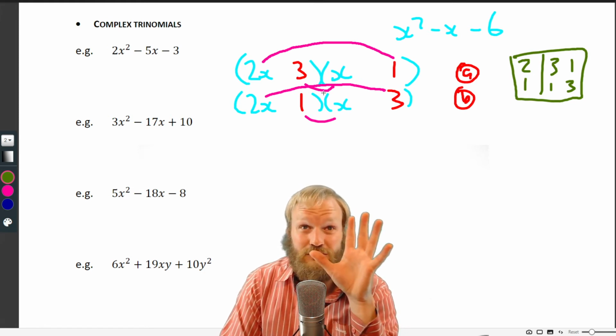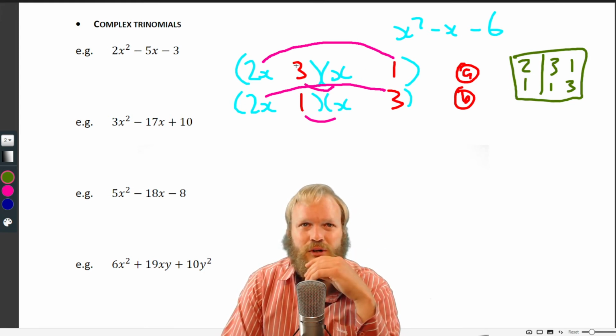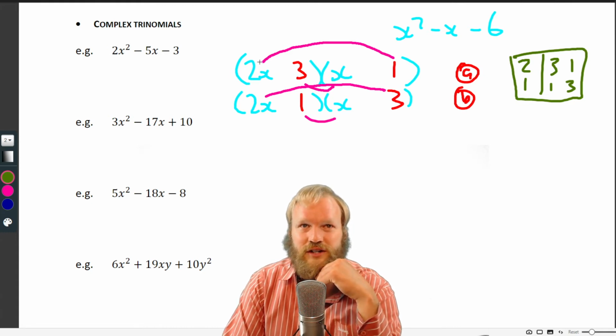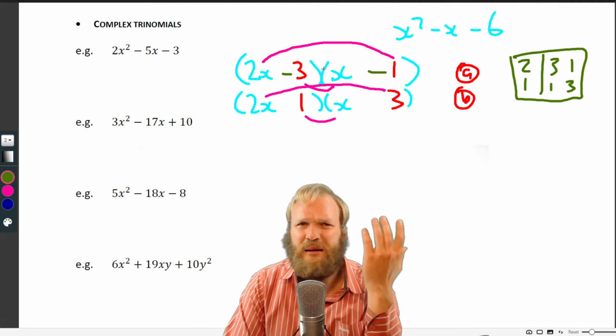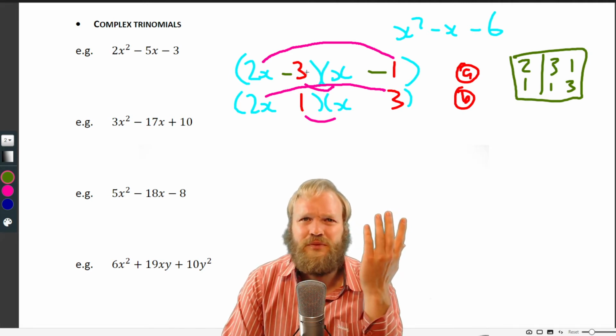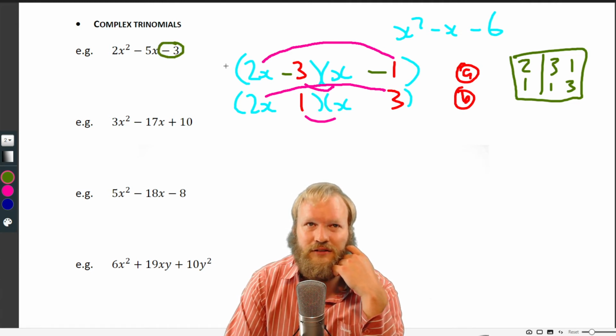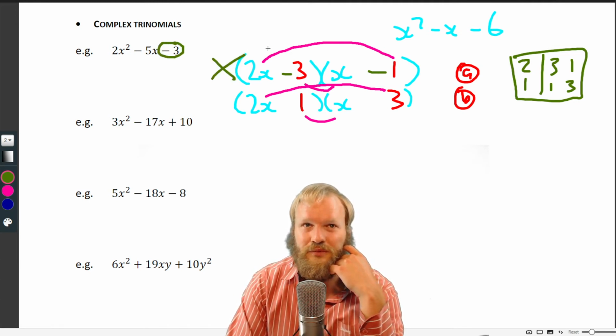I want us to keep to this concept: if we had 2x and 3x, we'd have to go minus, minus, because we'd need minus 2x and minus 3x. But hang on, that doesn't work because negative 3 times negative 1 doesn't give us negative 3. So that's out.